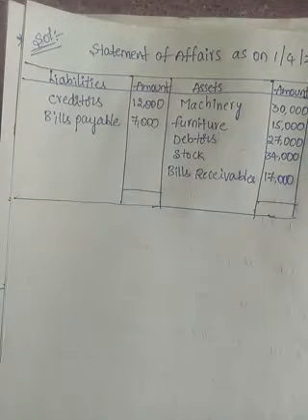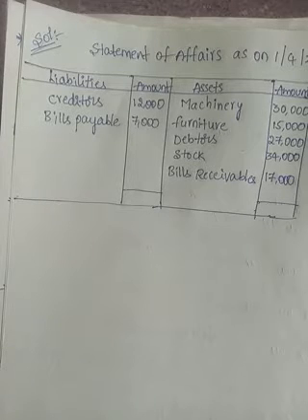First, the asset side total: 30,000 plus 15,000 plus 27,000 plus 34,000 plus 17,000.